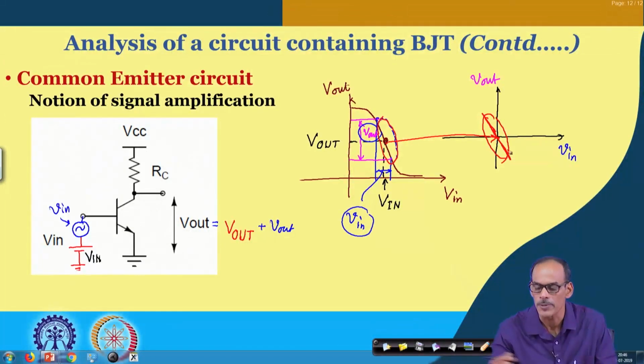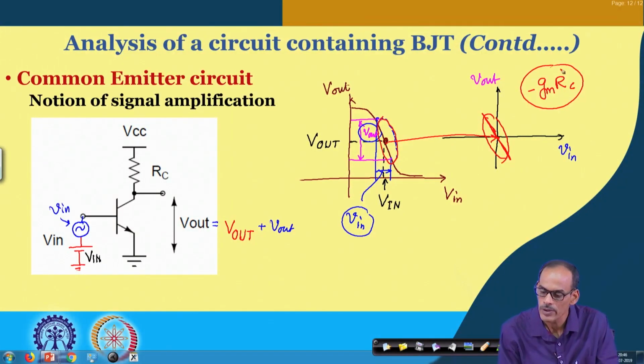is sufficient. And the slope of this characteristic curve, as we said, will be g m into r c with of course a minus sign. So, that is the slope of this characteristic curve, and from that we can find what will be the input to output relationship.